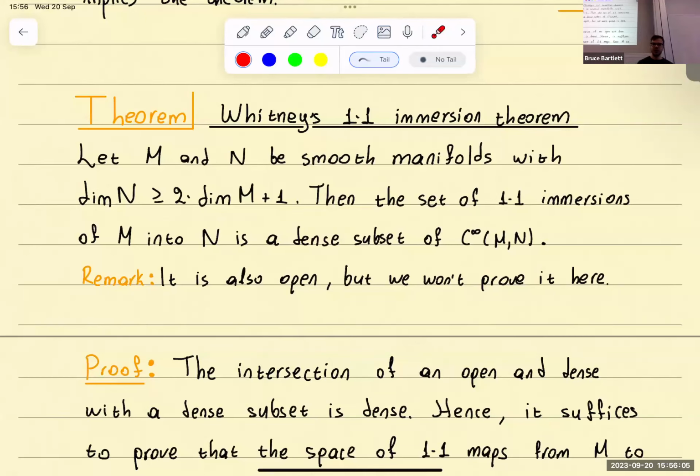If M happened to be compact, that would actually give us embeddings. But draw a picture to explain the difference.